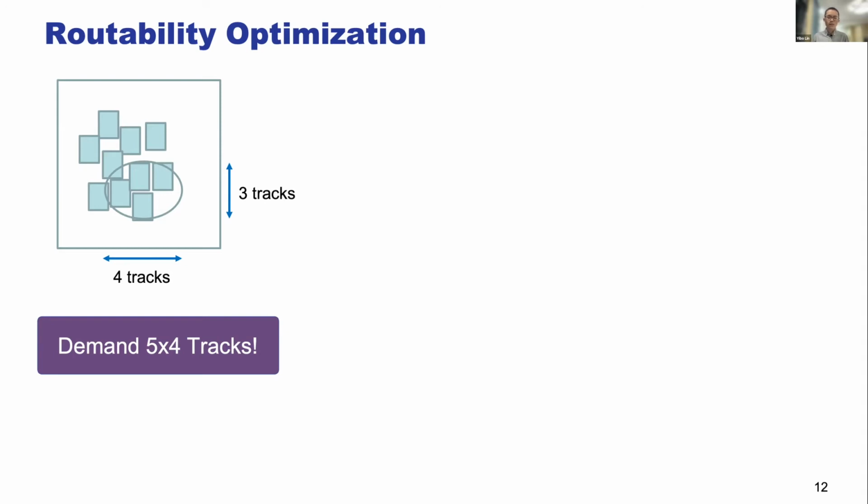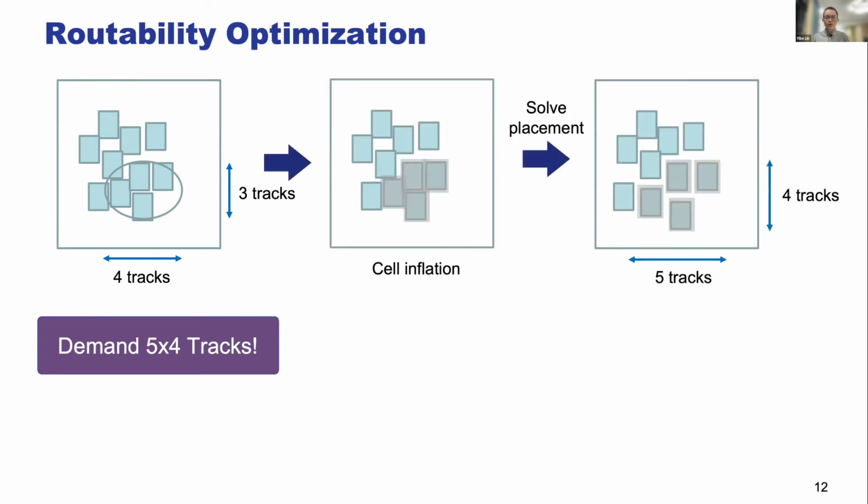Actually, DREAMPlace is very flexible to handle such routability challenges. We can inflate the areas of cells in the congested region and run several placement iterations with the new areas. Then the solver will spread cells further in the local region and satisfy the density constraints. And we can obtain 5 by 4 tracks eventually.